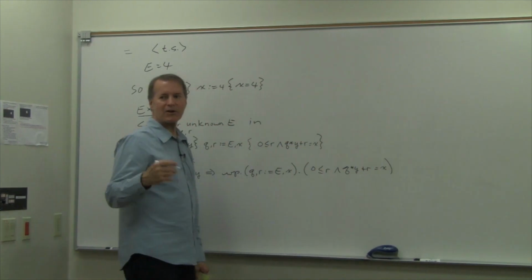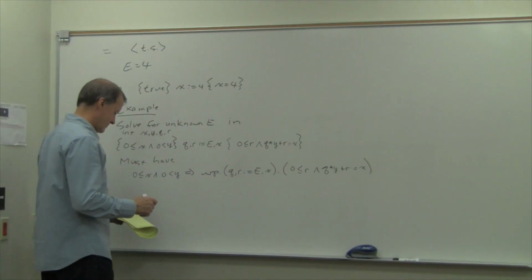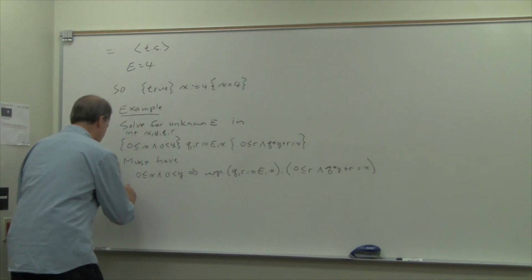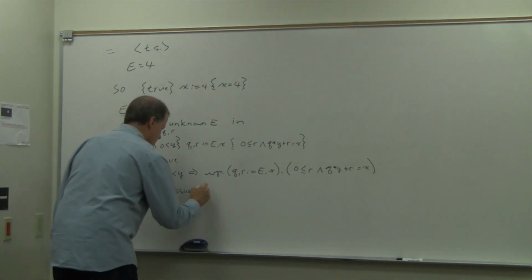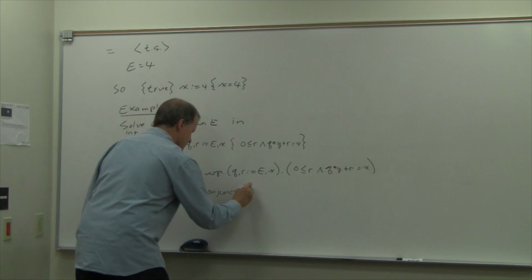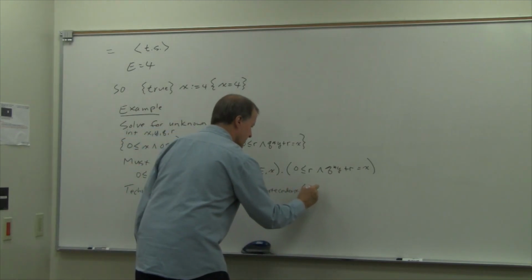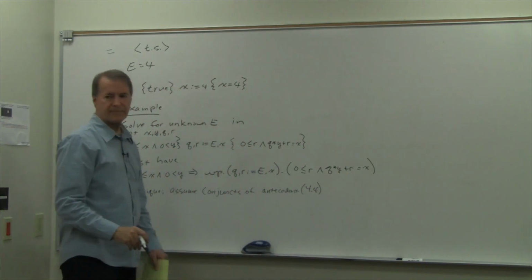All right, so now we're going to use the technique of assuming the conjuncts of the antecedent. So, technique, assume conjuncts of, is that 4.4? I'll take your word for it.